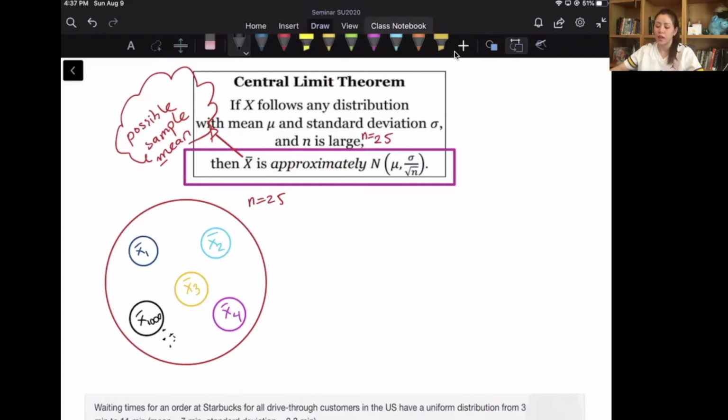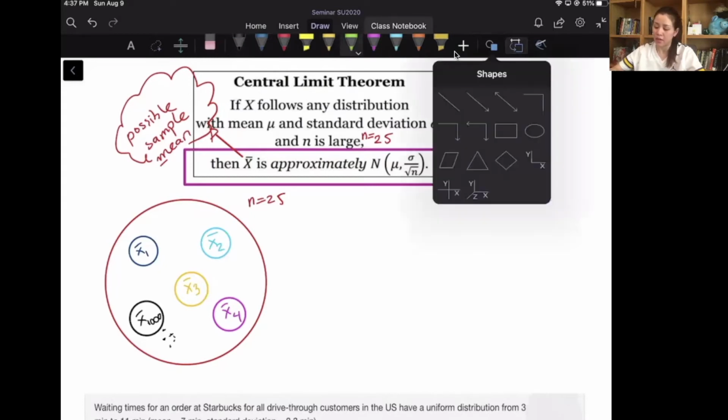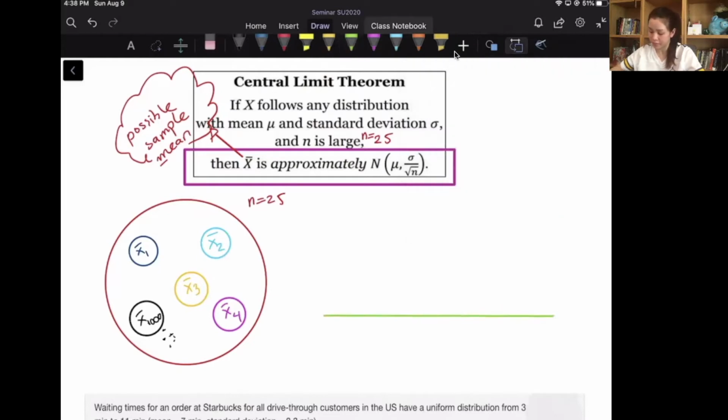And what I'm going to do next is plot the averages on the number line. So imagine I have a number line. Maybe the average of sample 1 in blue is here. The average of sample 2 maybe is here.